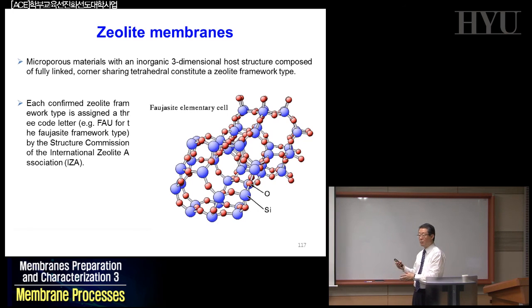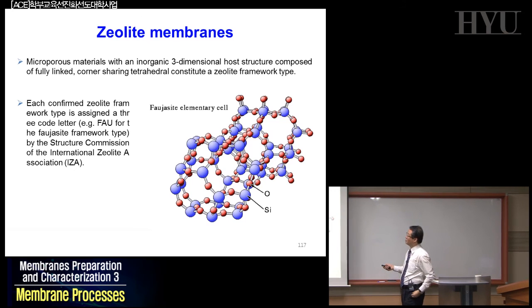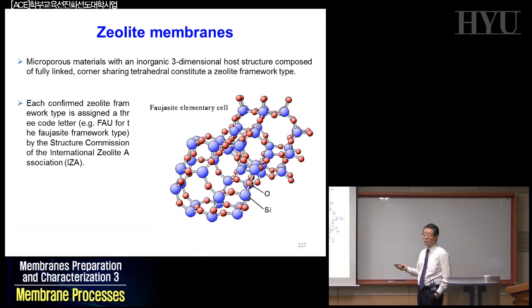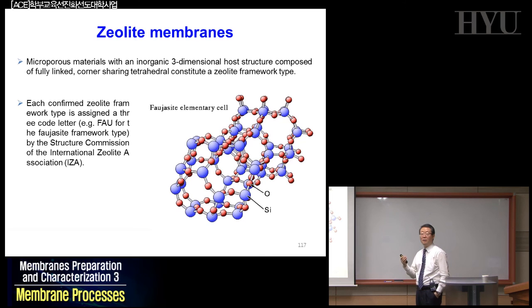But anyway, there will be a good future in the zeolite area if you are able to make them on a much larger scale in an economical way, because it needs a lot of effort. It's very costly and high in price. This bothers the commercialization of zeolite membranes, but zeolite powder itself has already been commercialized.